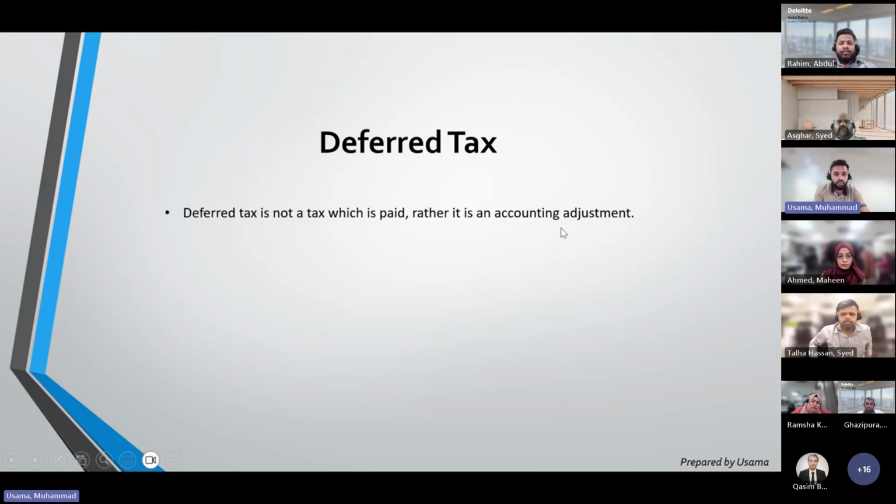The 4 which I calculated, the difference of 25 and 21, is not going to be paid to the tax authorities. It is just an adjustment in our financials, which will be settled later. That is why it is called deferred tax.